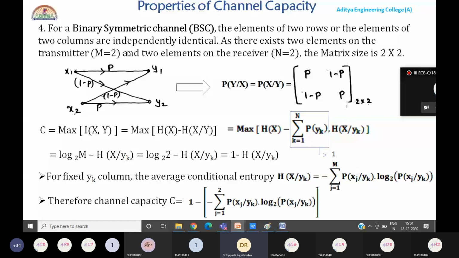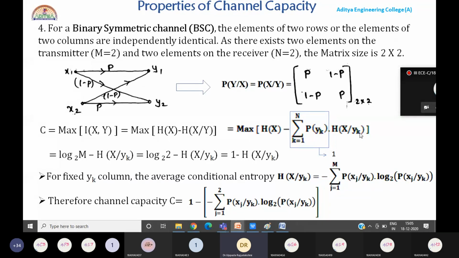Here, if you see the channel, H of x represents the entropy of the transmitter. It consists of two elements, that is x1 and x2. If you fix any column, what is the probability? That can be either p log p base 2 plus 1 minus p log 1 minus p base 2.